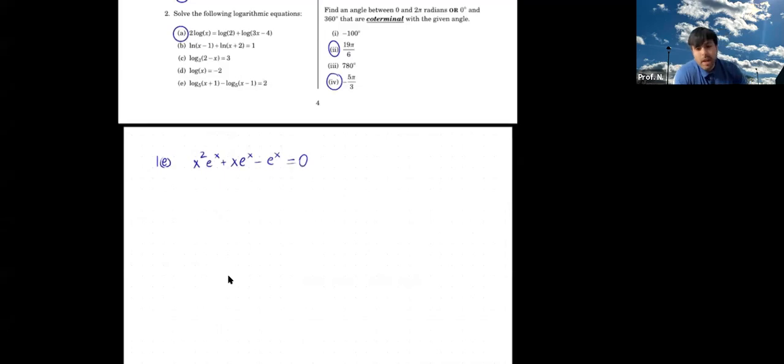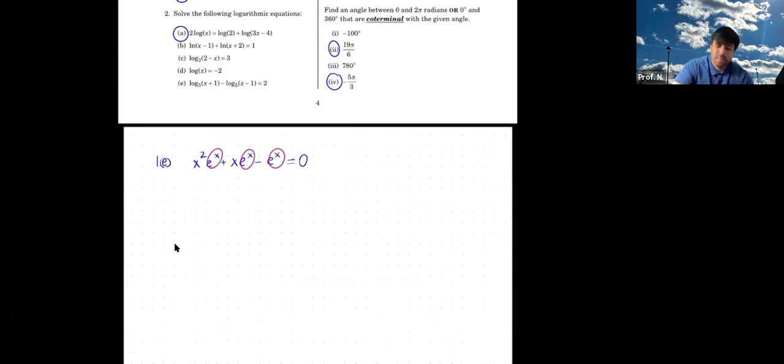Okay, this looks complicated, but it's really not as complicated as you might think. First of all, what expression is in every term? e to the x. So if e to the x is in every term, it makes sense to factor it out.